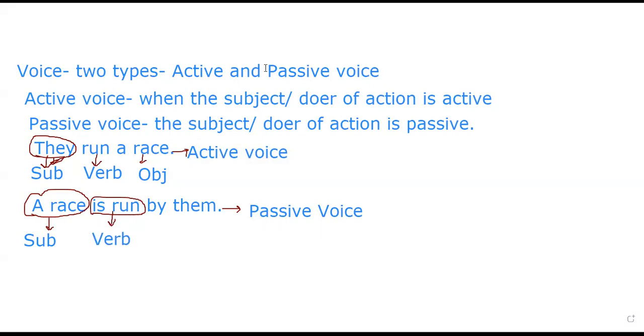Okay, and by them, so by is preposition and them is objective form of they. Is it clear? So it's subject verb object pattern which we are following in passive voice. So the structure of the sentence hasn't changed as such. Is it clear to you?